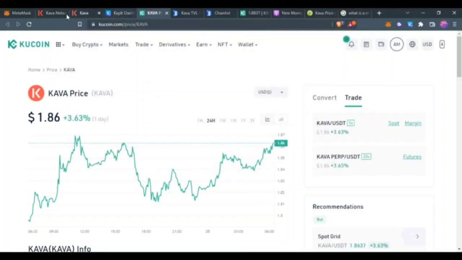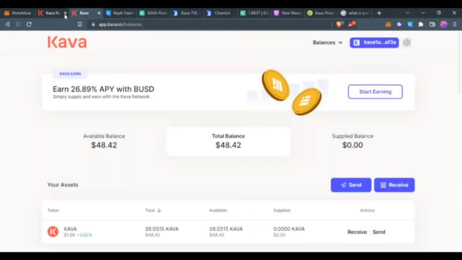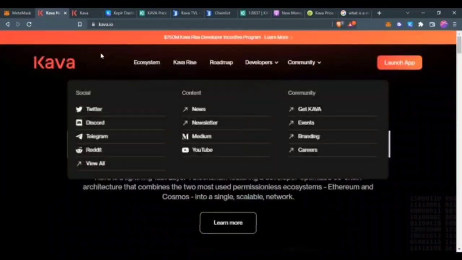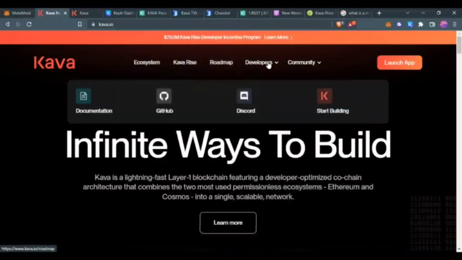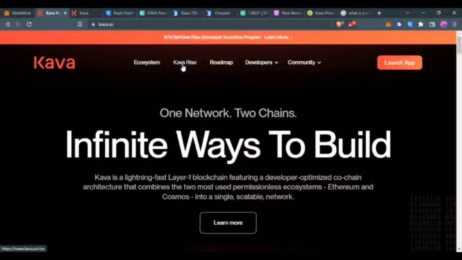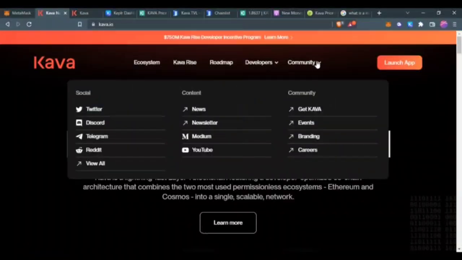Now, we are going to take a look at Kava, and we do have an ecosystem here. Roadmap, Kava Rise is something new that's coming out. We can look at the community, and they have a Twitter account, Discord, Telegram, Reddit. They do have a YouTube channel, which I wonder what they've actually been doing on YouTube.